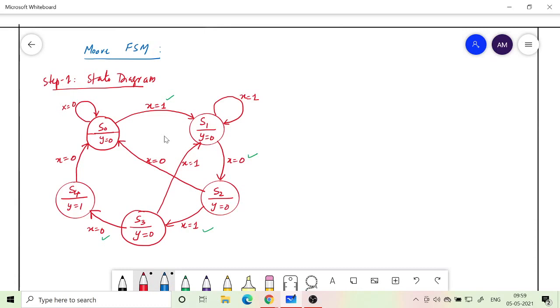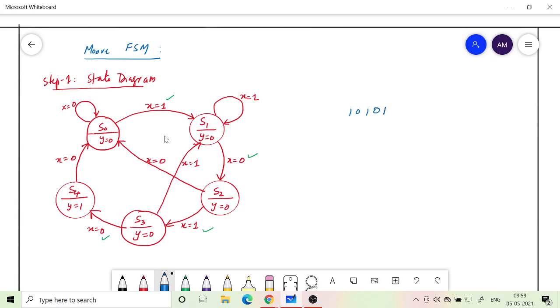1 0 1 0, and then I get 1 0. So let me just write it here. I have 1 0 1 0. I have detected. The next bit is 0, means I have lost all progress, back to square 1.